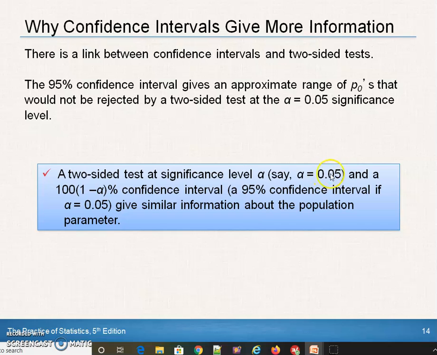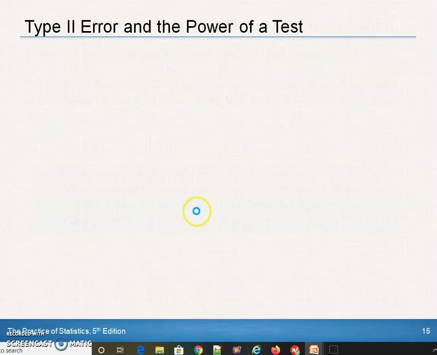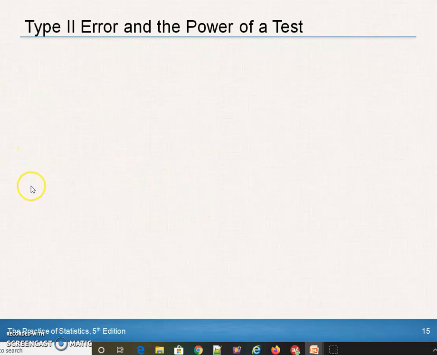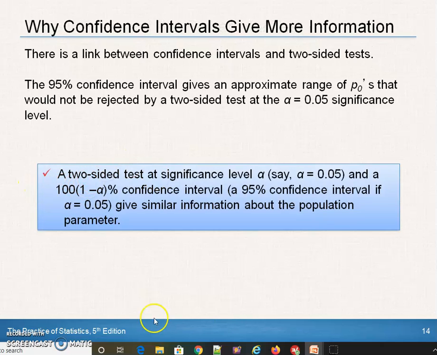So if we do this two-sided test with alpha 0.05 and the 1 minus alpha, both of these, the confidence interval, a 95% interval, the 100 times 1 minus alpha, the 0.05, gives similar information. But let's go back just a second. But this would just say that they either reject or fail to reject.